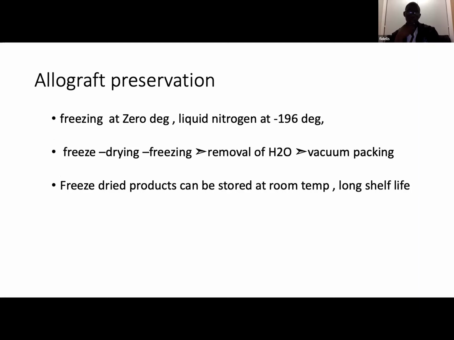That's what we commonly use here, where they freeze it, and whilst it's frozen, they remove the water in a vacuum condition, and then they pack the allograft. The good advantage of using freeze-dried products is they can be stored at room temperature, and they also have a long shelf life.